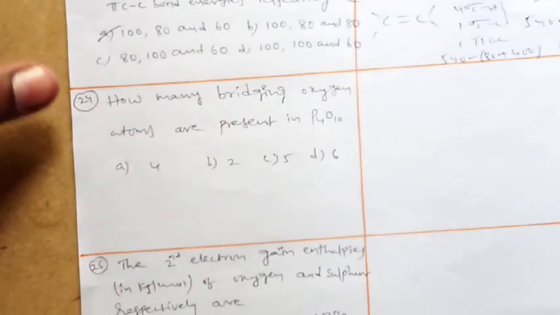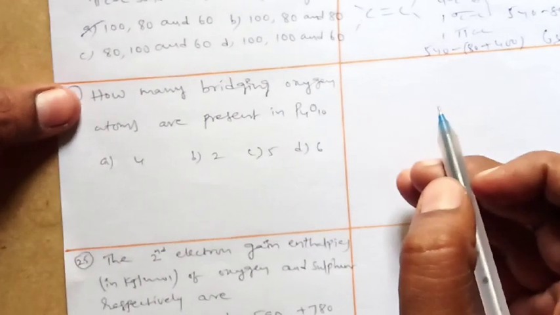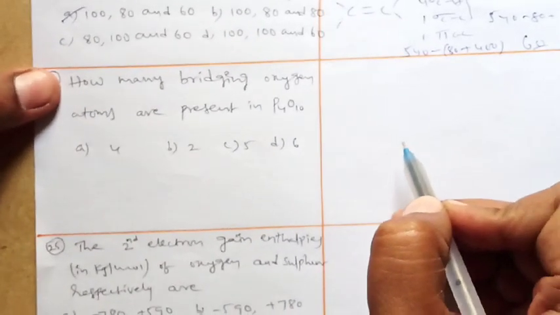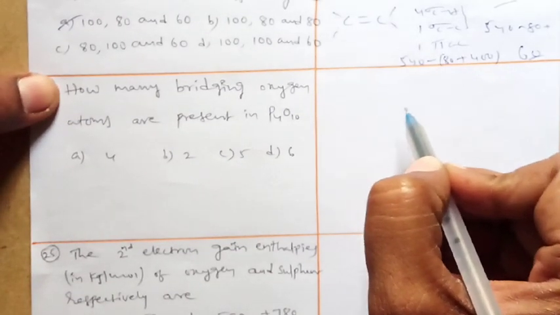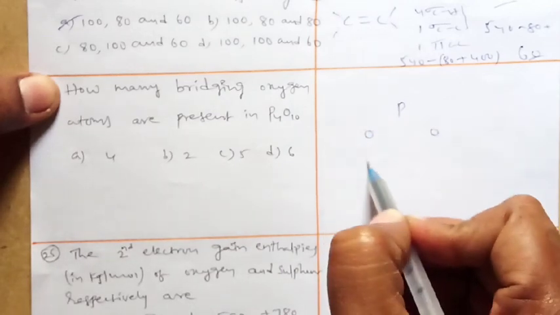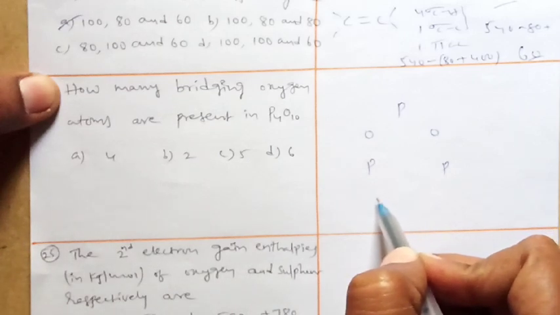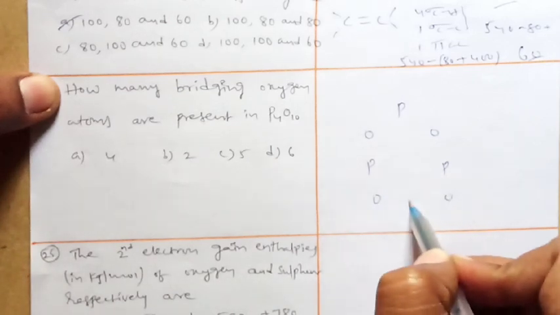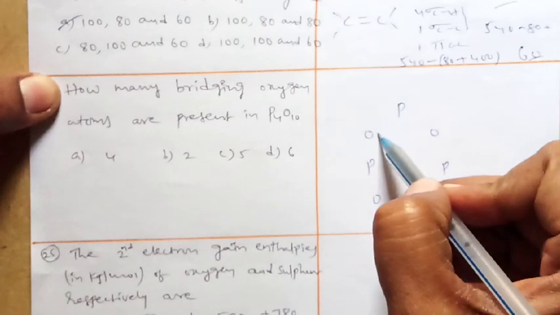How many bridging oxygen atoms are present in P4O10? If you observe the structure, take it in this way: 4 phosphorus atoms.